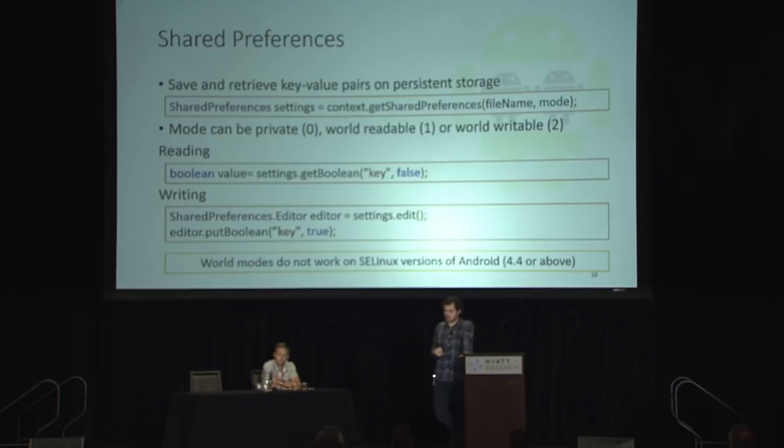And this is the interesting one, because the mode of the shared preferences file can be private, meaning that no other apps can access it, but it could also be world readable or world writable. And in this case, apps could access that file from, obviously, outside the sandbox without requesting any specific permission.